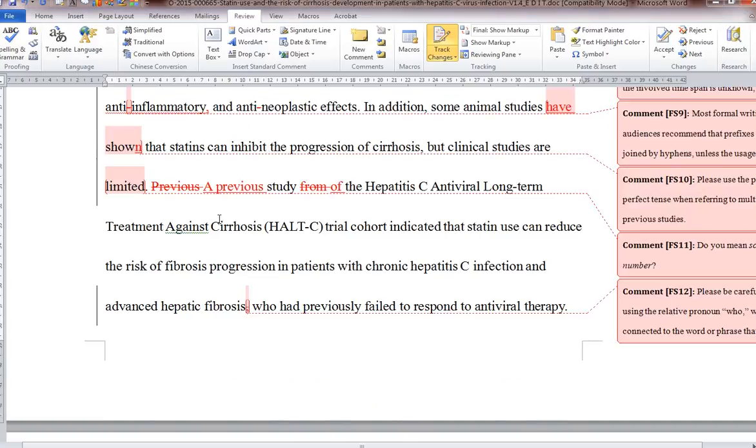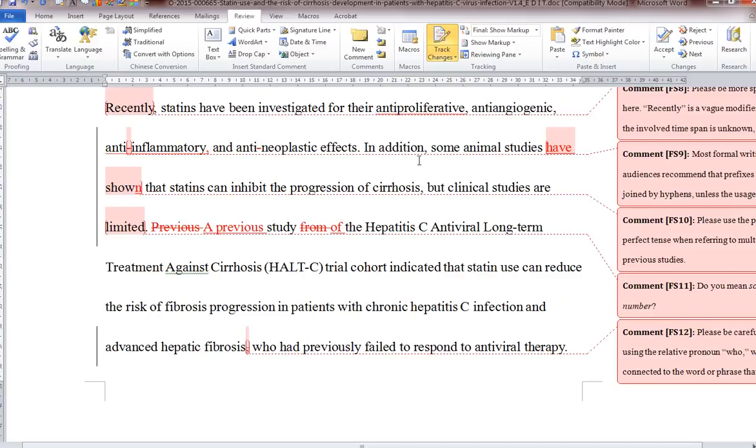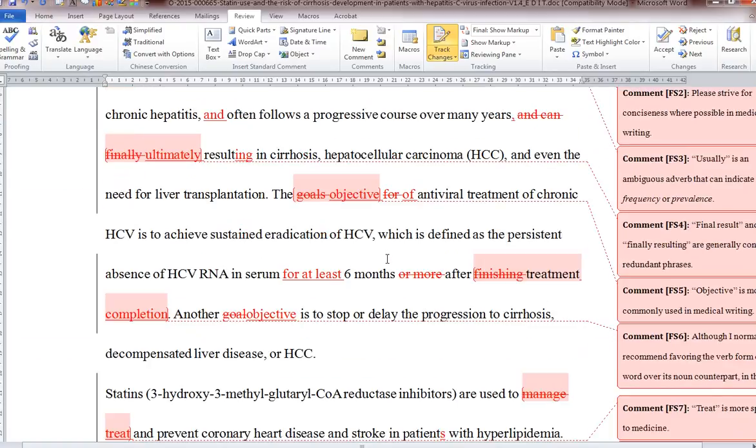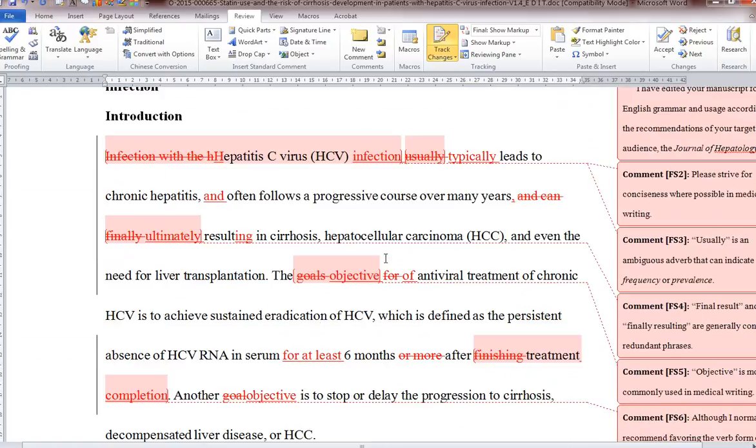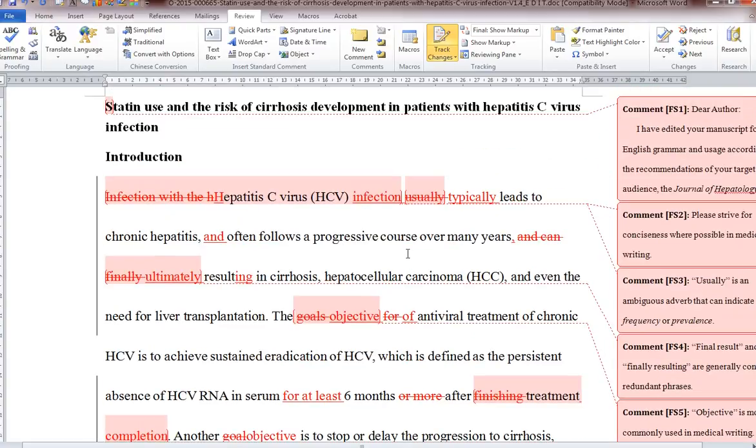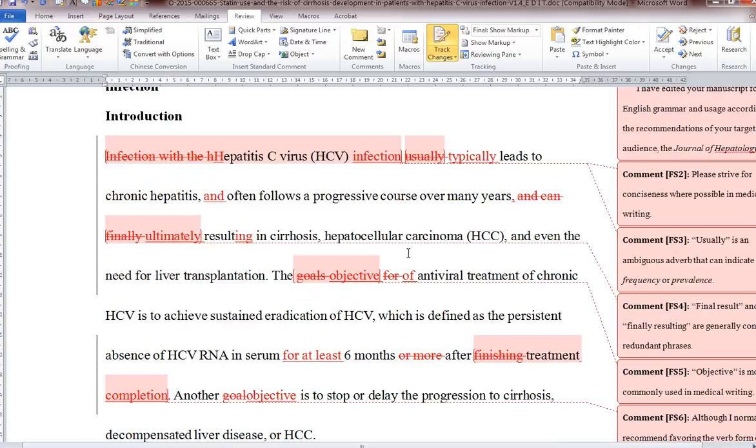One problem I have, though, going back a little bit, some animal studies. Next sentence, a previous study. This author has no citation references. Now, when the paper's finished, it must have them. This author probably intends to put them in afterward.